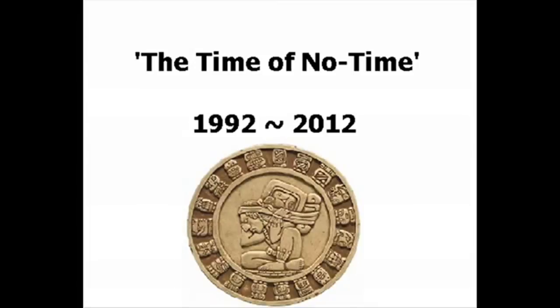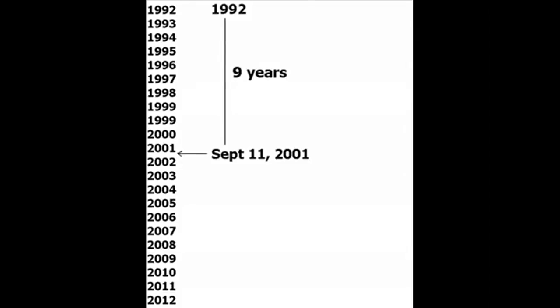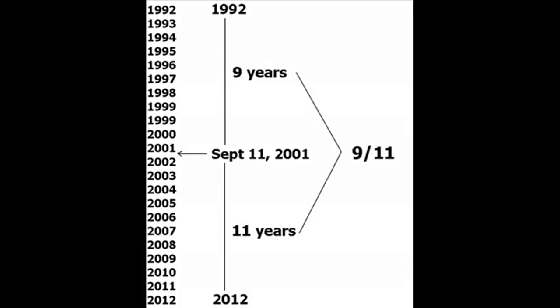So 9/11 was 9 years from the start of no time, 11 years till the end of no time. Synchronistically it was placed bang on where it should have been.